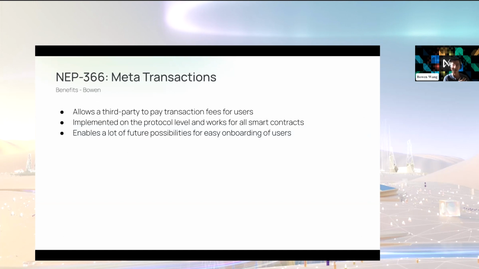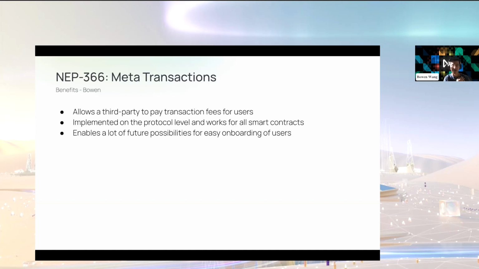So just a quick summary of the benefits. As already mentioned, this NEP would allow a third party to pay transaction fees on behalf of users. And that's the main point of the meta transaction proposal. Also, it's implemented on the protocol level and automatically works for all smart contracts.